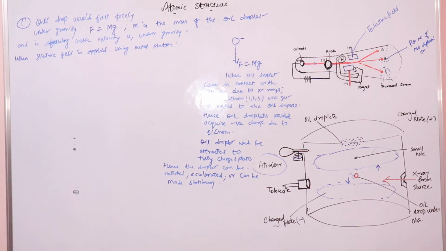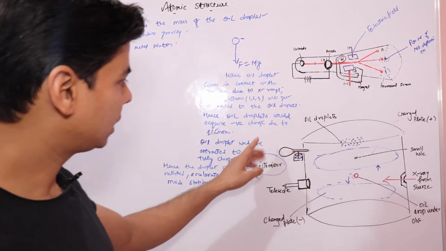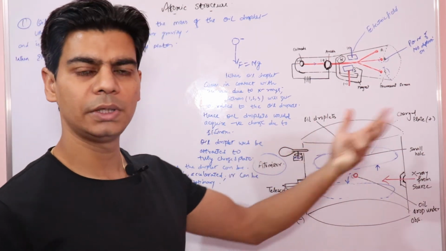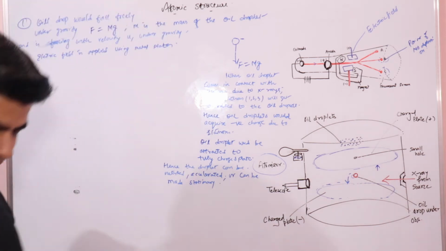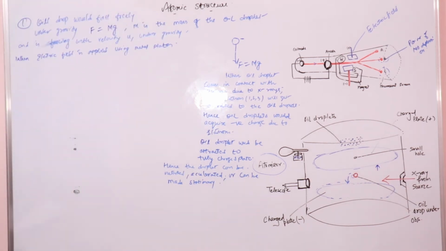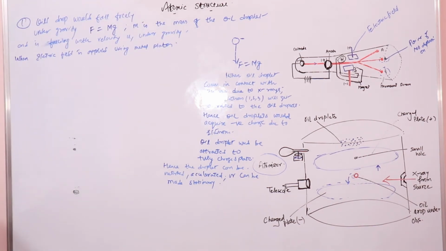We know that this droplet is now charged by attracting 1, 2, 3, 4 electrons. So Millikan observed that the charge q on the droplets, okay, we'll just come to that later.